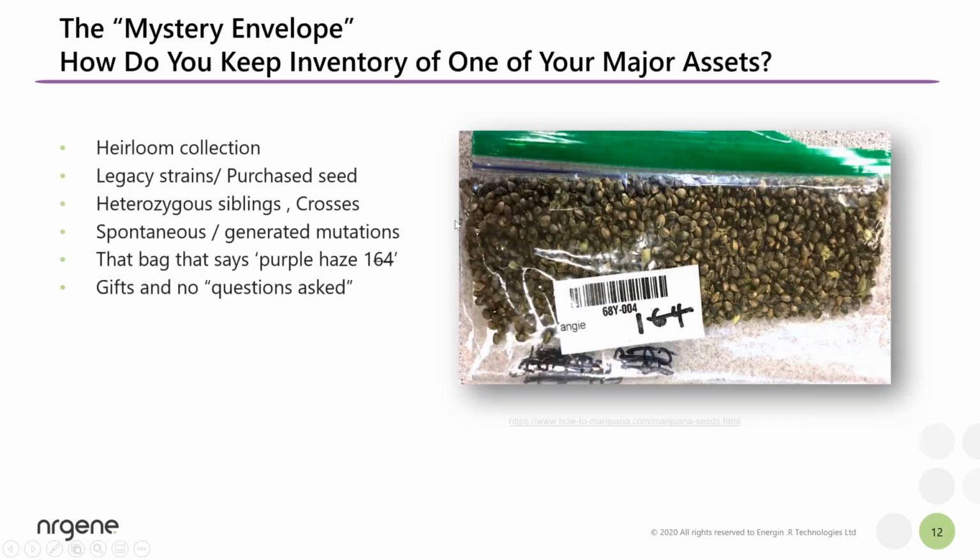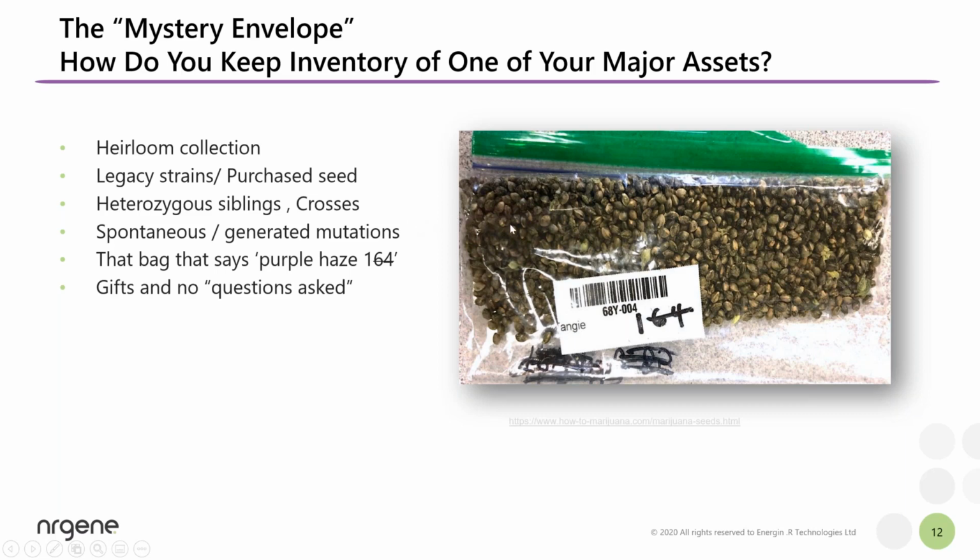And then when you are collecting seeds and you have your collection in envelopes of seeds, which we like to call the mystery envelope, you have no real definition of what's out there, because each seed is a snowflake. You have your heirloom collection, you have your legacy strains that have been purchased or obtained somehow, heterozygous siblings of certain crosses, either deliberate or spontaneous.